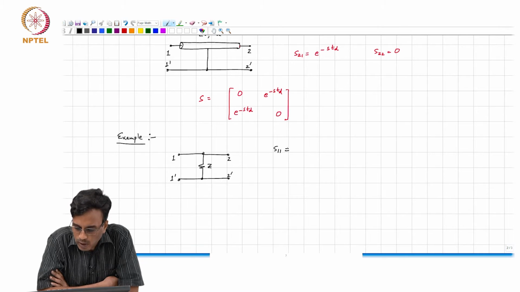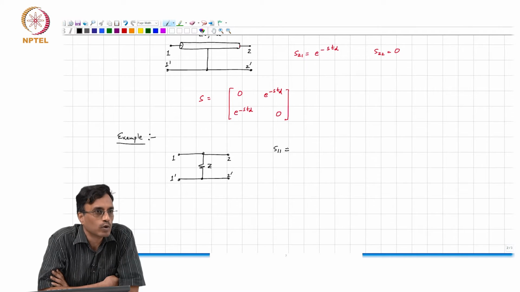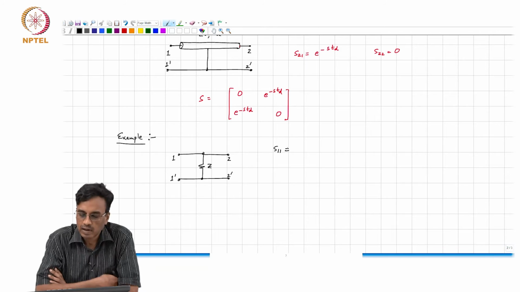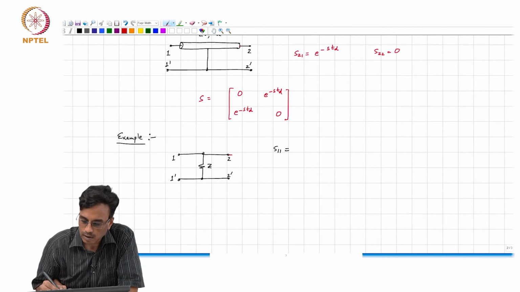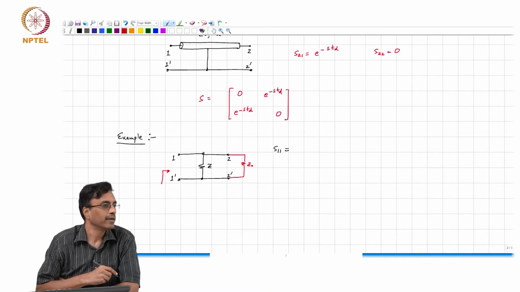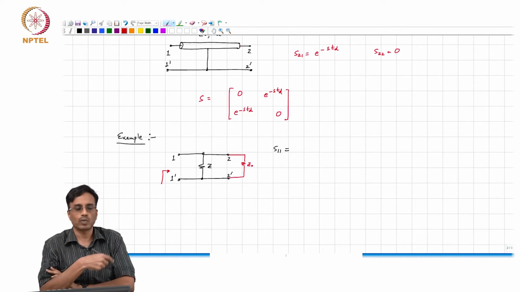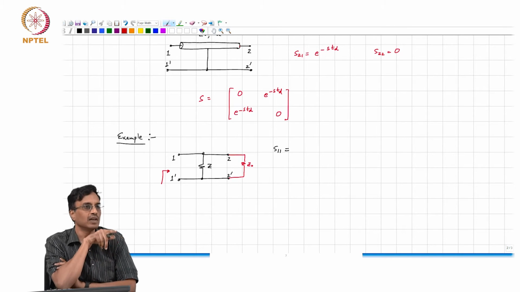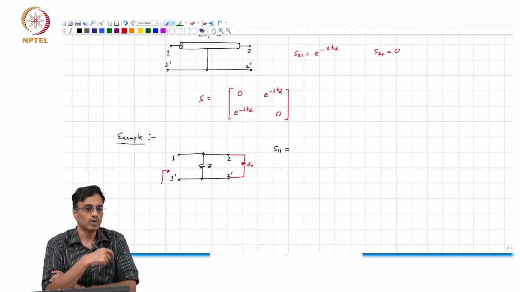What is the definition of S11? What do we need to do? We terminate port 2 with Z0, and we would like to find the input reflection coefficient, right? I hope all of you are aware of why S11 is the input reflection coefficient. It is the ratio of V1 minus to V1 plus when you terminate port 2, and V1 minus by V1 plus is nothing but the reflection coefficient, right.